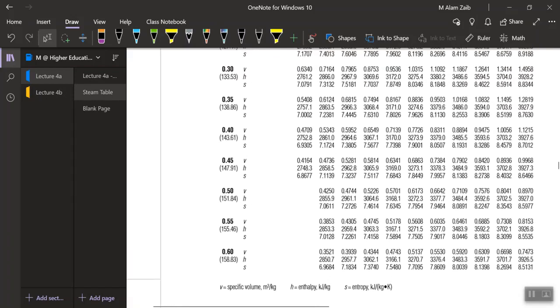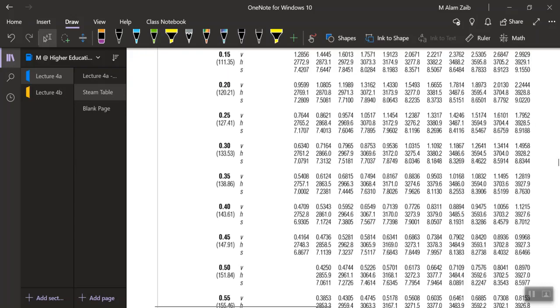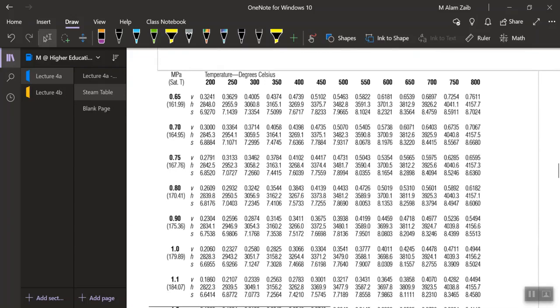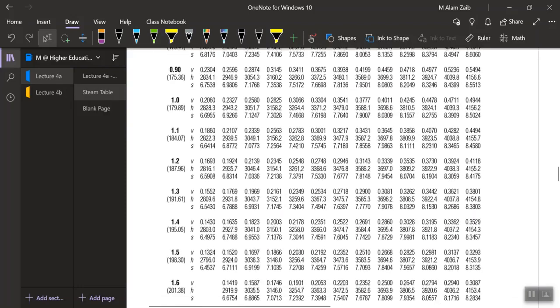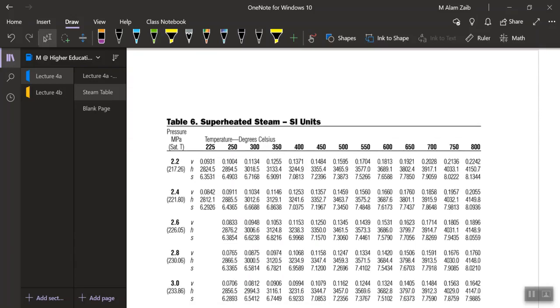So again, let me check the steam table, and we would be looking at 2.1 megapascal and a temperature of 360. Let's go down there, and I presume we are in the superheated region, but make sure you check.